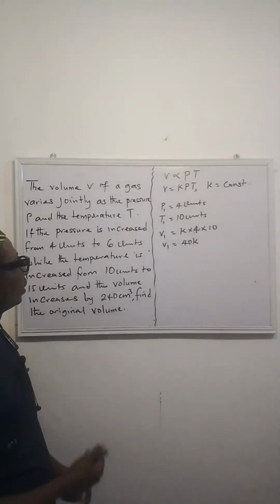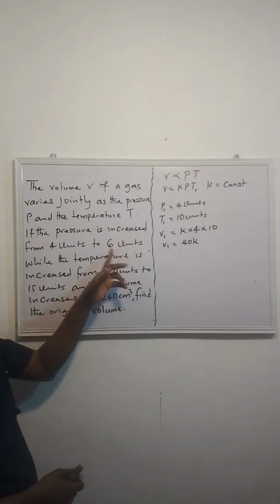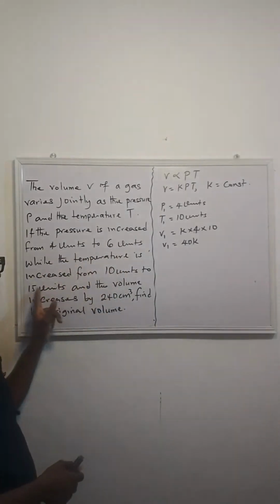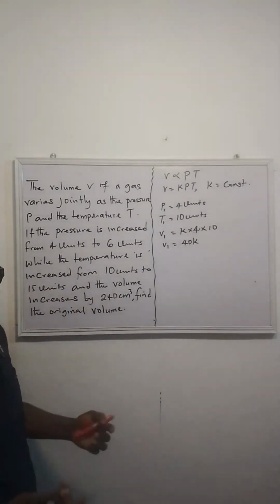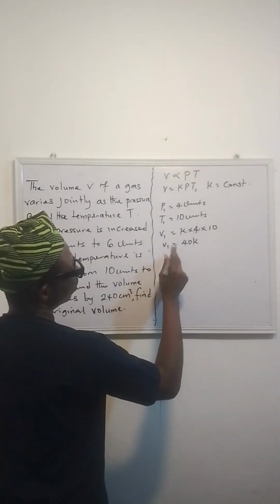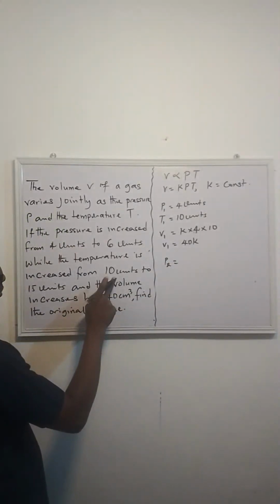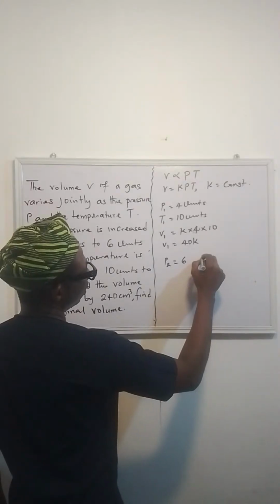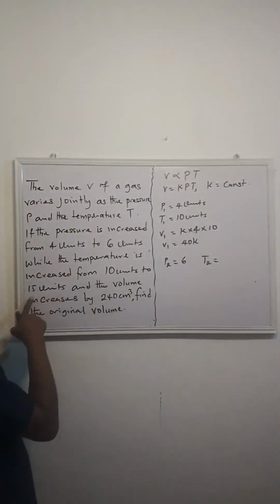Now, when the pressure is increased to 6 and the temperature is increased to 15, what is going to be the volume? Let's get the second volume. P2 is 6, and T2 is 15.